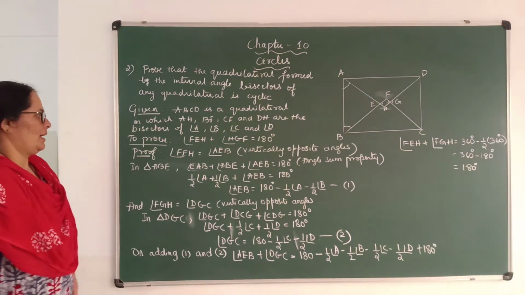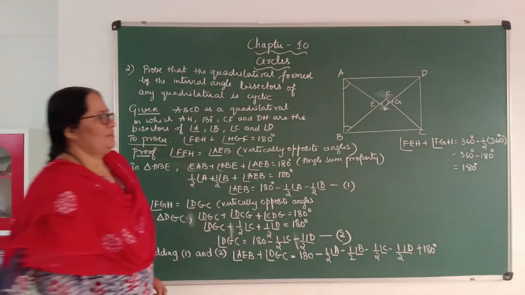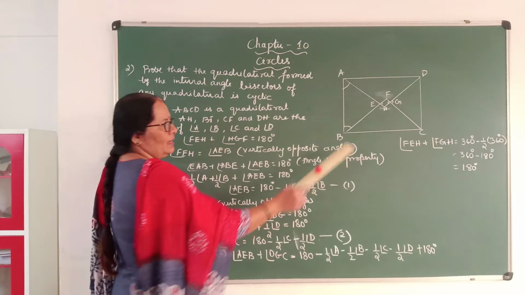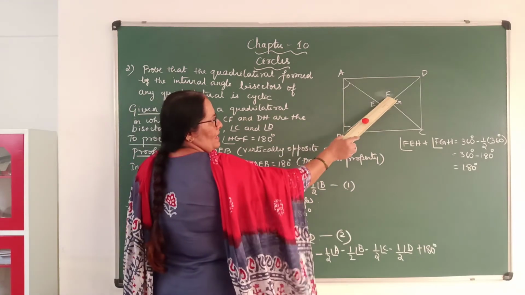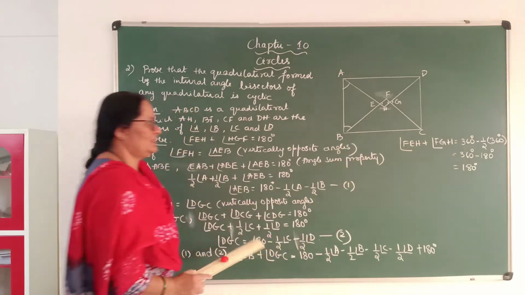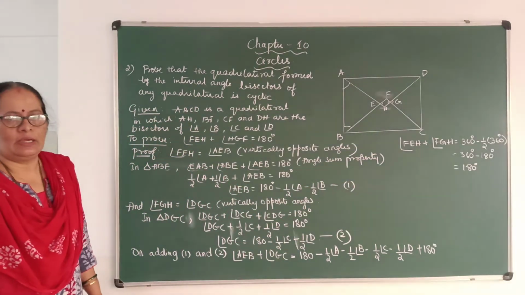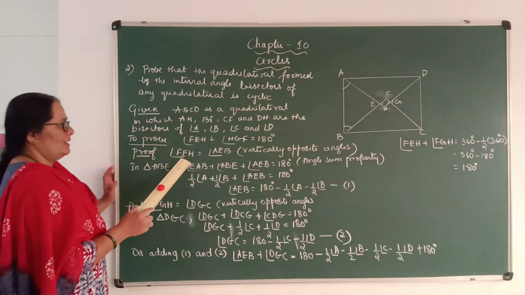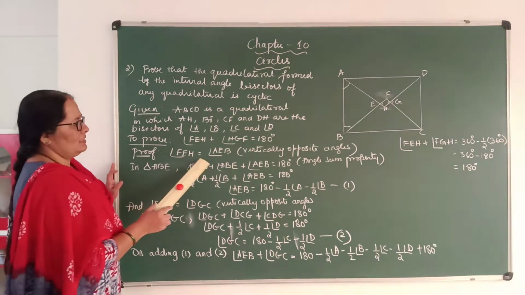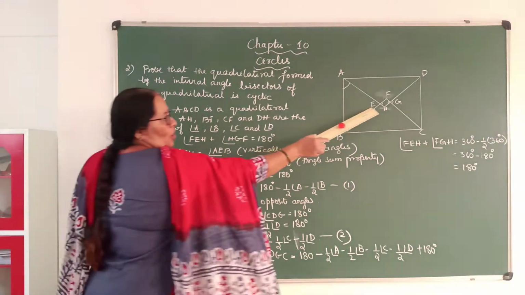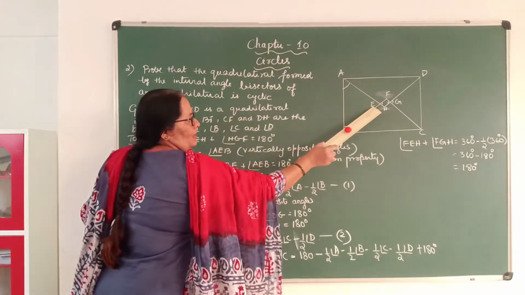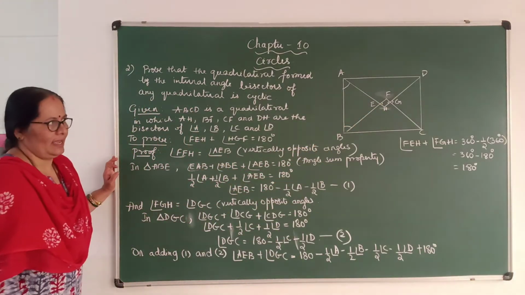To prove this one, first we need to find, see here, angle AEB is equal to angle FEH because they are the vertically opposite angle. Angle FEH is equal to angle AEB, vertically opposite angles. These two are the vertically opposite angles.